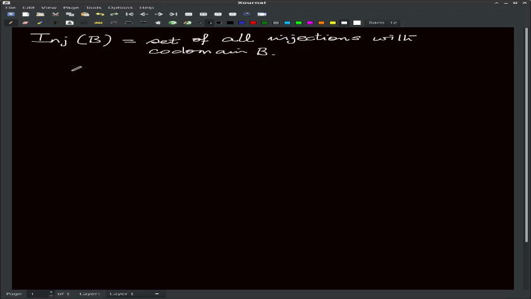Well, you can write an element like this, a pair, where it means that F is an injection. Okay?